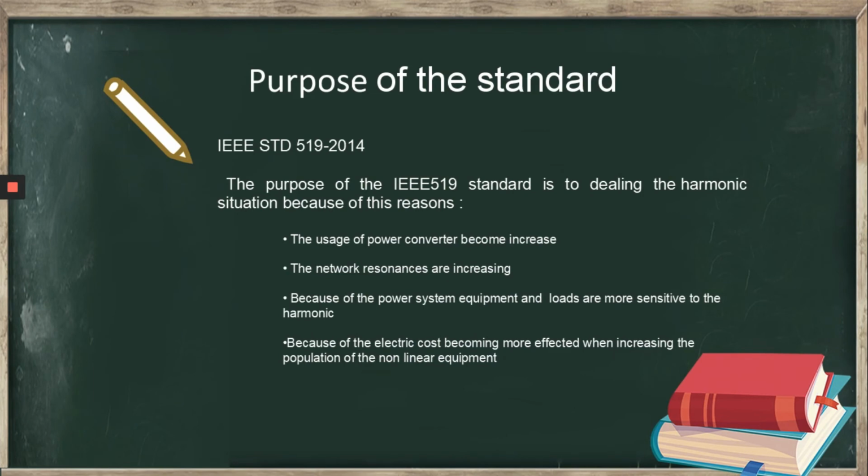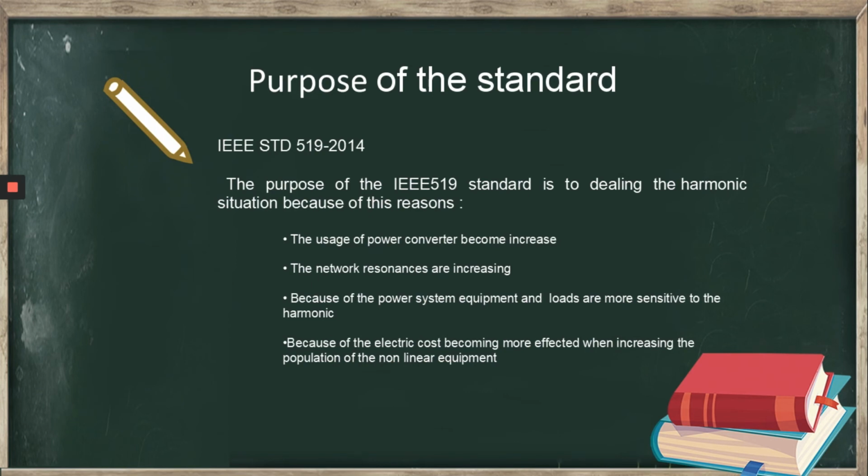The purpose of the IEEE 519 standard is to deal with the harmonic situation because of these four reasons. The first one is that the usage of power converters has increased. Because the usage of power converters has increased, harmonics also increase. The next one is that network resonances are increased.